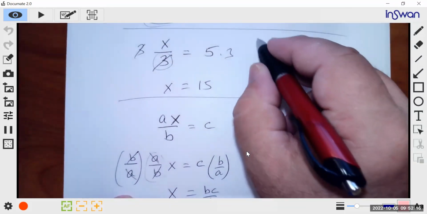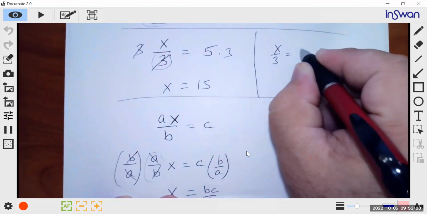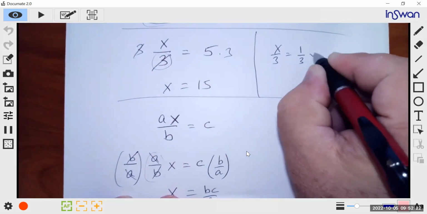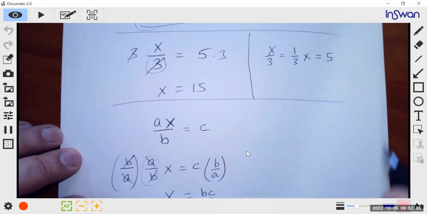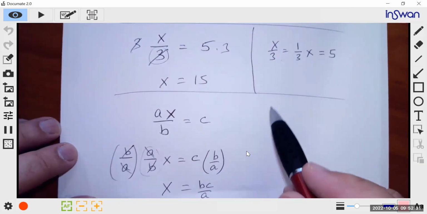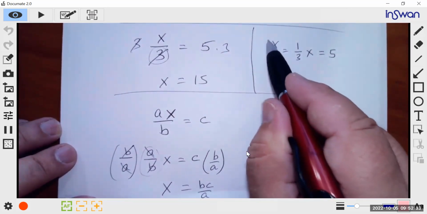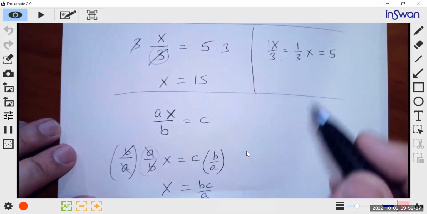Let's look at this one up here. X over 3 is the same thing as 1/3 x equals 5. True? There's a 1 right in front of it, so the coefficient is 1/3. What's the reciprocal of 1/3?